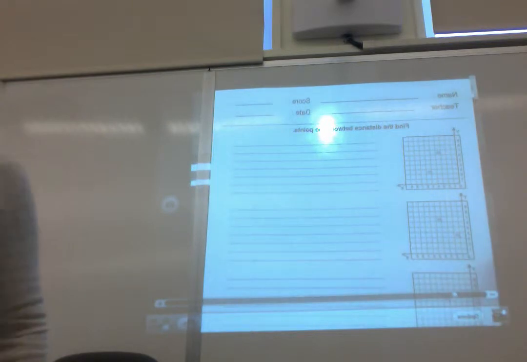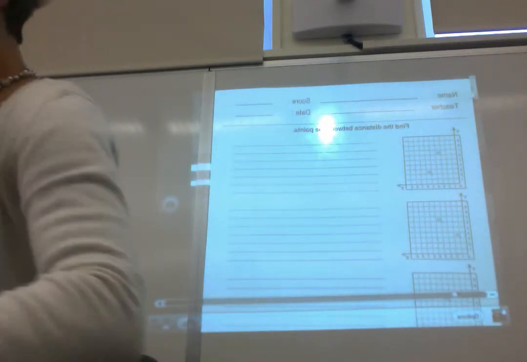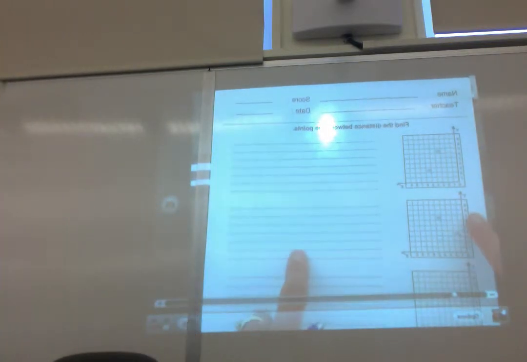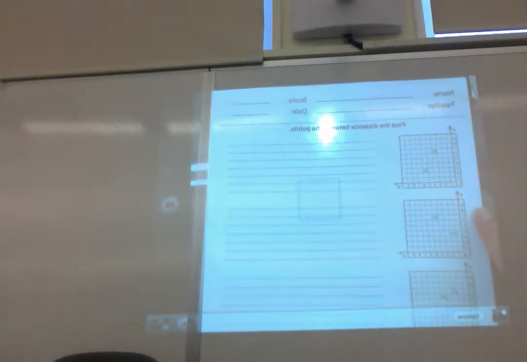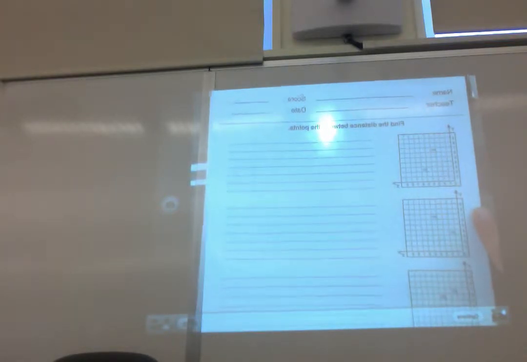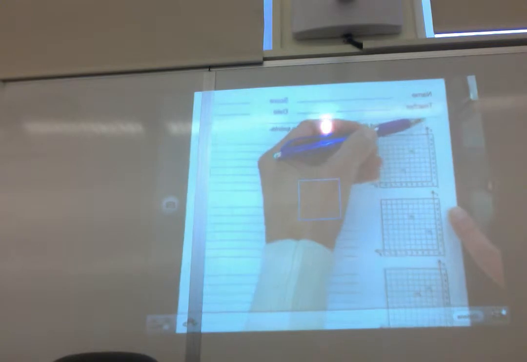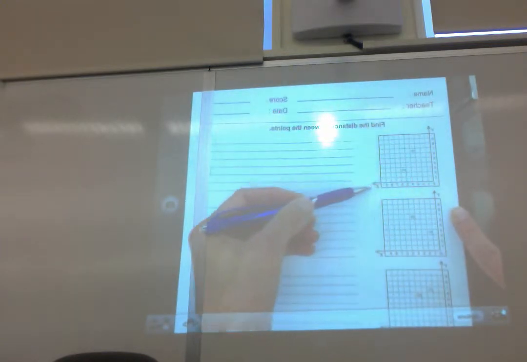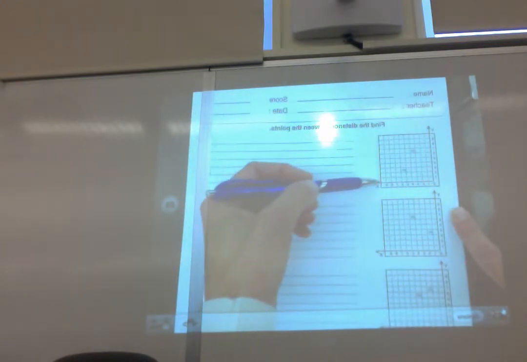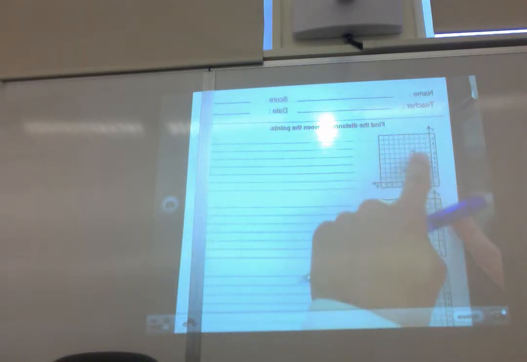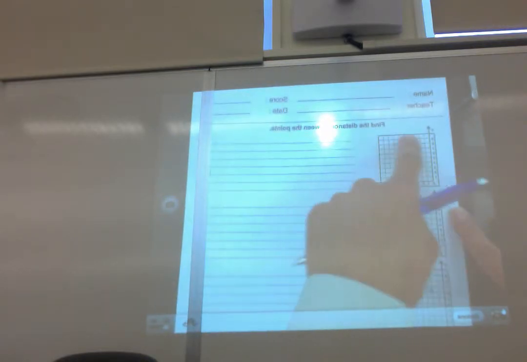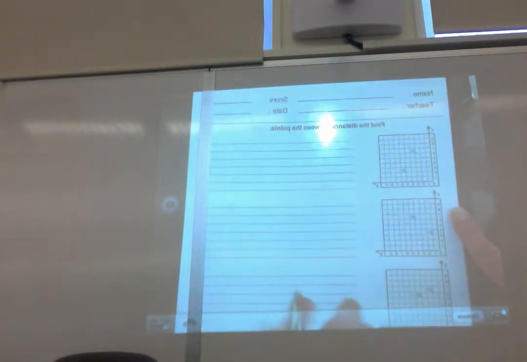All right, so let's take a look first at the side. Let's see how to distinguish it. What you can see here is we have the y and the x, and the points are all in the first quadrant. So there's 2 sides to this sheet.